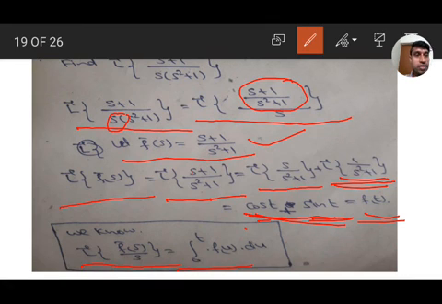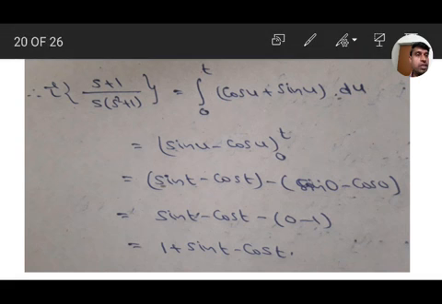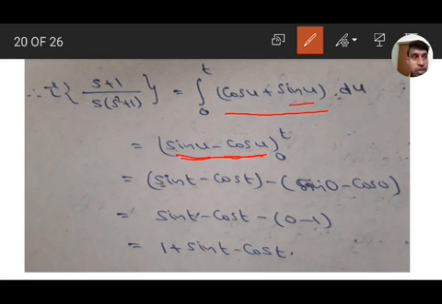F of u means here we get cos u plus sin u. So integration 0 to t cos u plus sin u du. Cos u integration is sin u, sin u integration is minus cos u. Therefore we get sin u minus cos u, 0 to t.